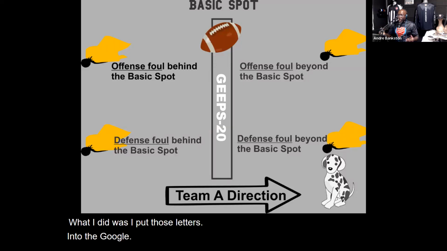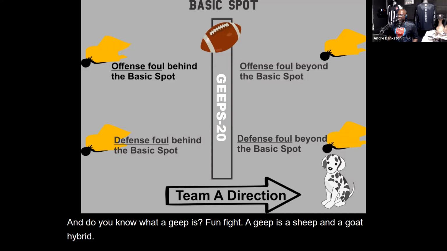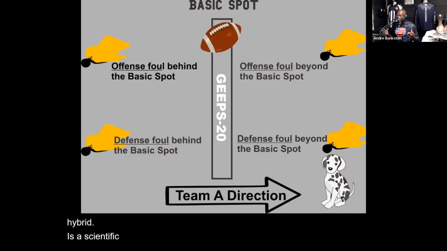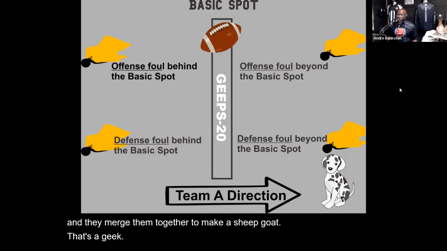And do you know what a GEEP is? Fun fact, a GEEP is a sheep and a goat hybrid. It's a scientific, when they take the embryo of a sheep and the embryo of a goat and they merge them together to make a sheep goat. That's a GEEP. I didn't even know that.